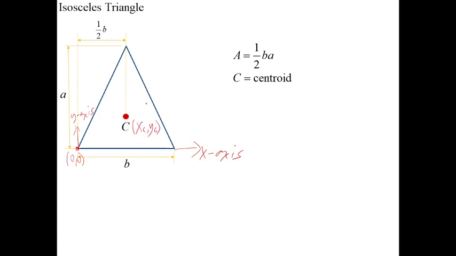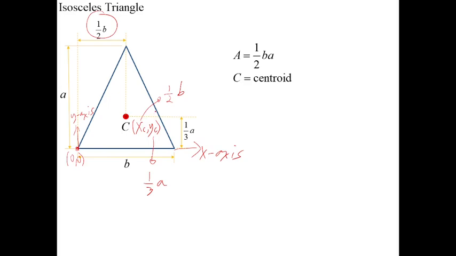Okay? So, in that case, ang XC natin ay 1/2 B. Ito yung XC natin. Tapos, yung YC natin ay 1/3 A. Ito yung YC natin, 1/3 A. Okay? So, na-derive yung mga yan using integral calculus, yung pagkuha ng centroid.